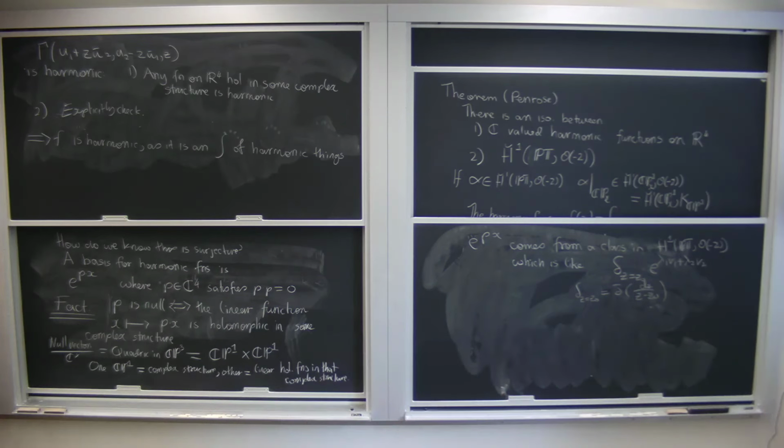Maybe I should move on. This is a really beautiful piece of geometry from the 70s. Unless there are any questions about this basic case of harmonic functions, I should try to move on to that.